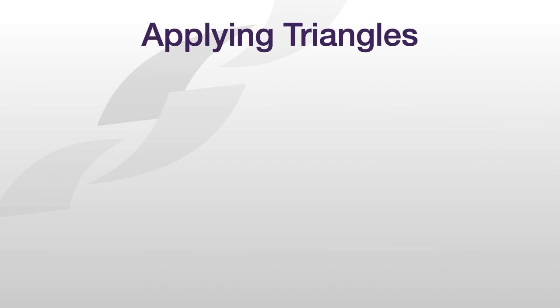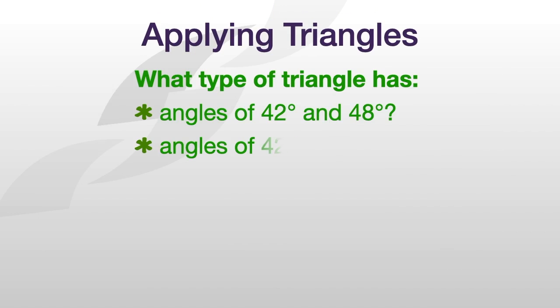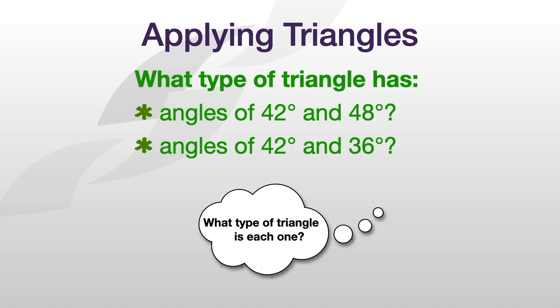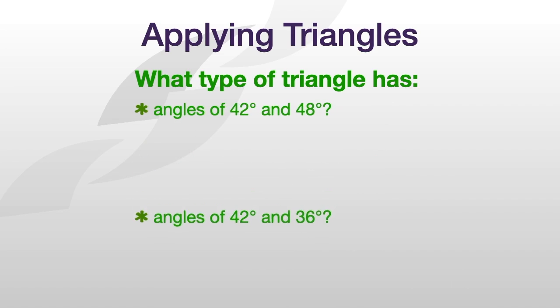For the next problem, we are given a pair of angles for two different triangles, and we are asked to determine which type of triangle it is. Because we are focusing on angles, the possible answers are acute, right, or obtuse. Recall that the sum of angles in a triangle is 180 degrees.